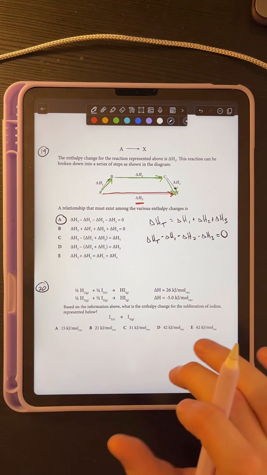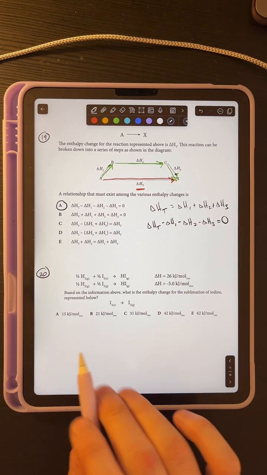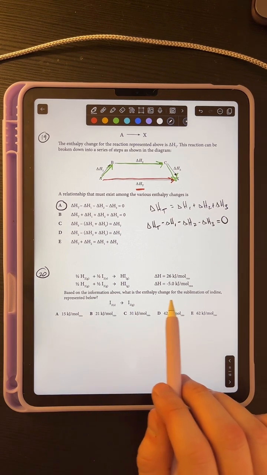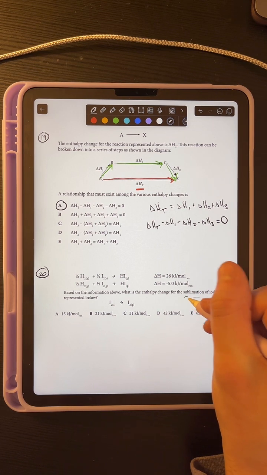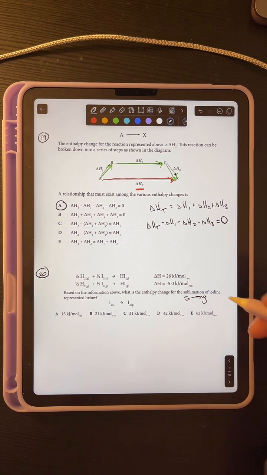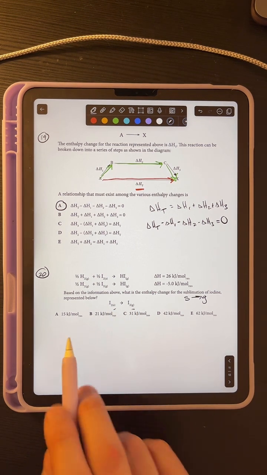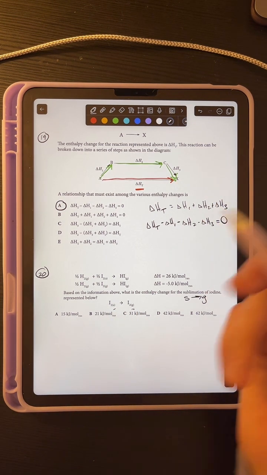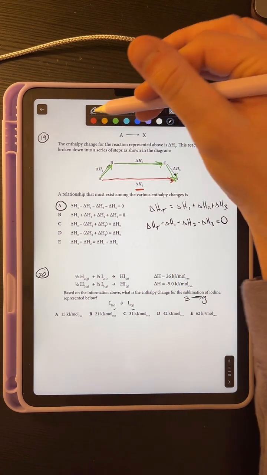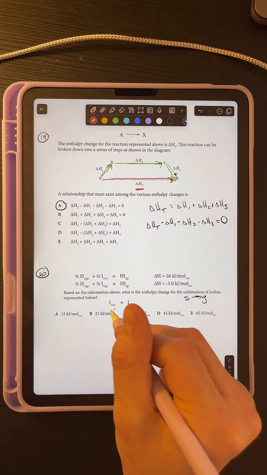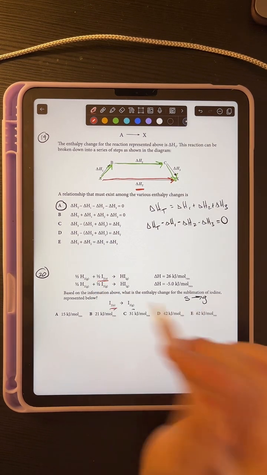It looks like number 20 is also Hess's law. Based on the information above, what is the enthalpy change for the sublimation? So sublimation, we're going from a solid to a gas of iodine. So solid here, gas here. Now, again, we're going to pair these up. We have I2 solid, which is up here in number 1.